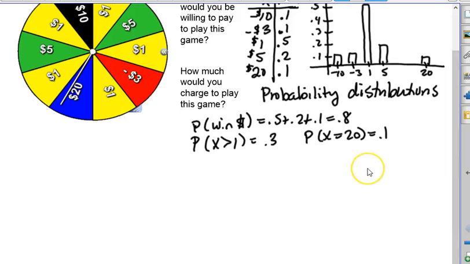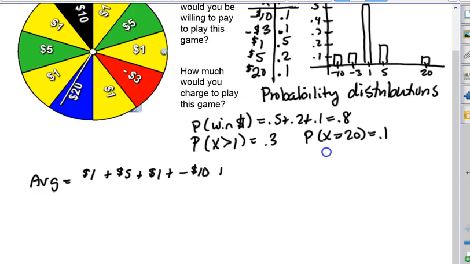If I wanted to know the average amount I would win, notice I have 10 equally likely outcomes here. So if we think about just doing a typical average, we could say that the average winnings would be, and I'm just going to add these up, starting with the 1 here. I have $1 plus $5 plus another $1, and I'm doing these separately for a reason.